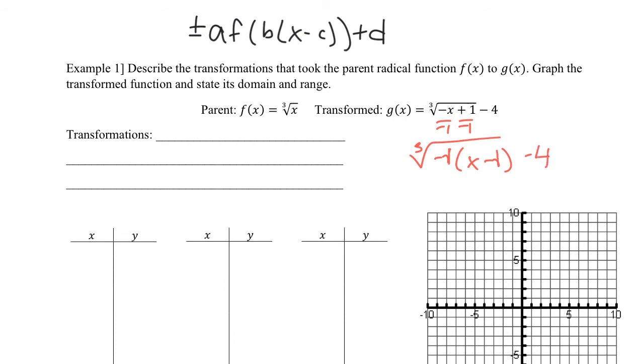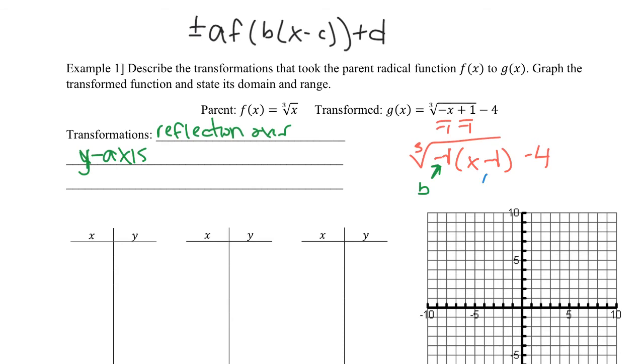This is the function that we're going to be transforming. Make sure it's factored out. Don't just leave the b in there. So for our transformations, I do have a b of negative 1. So since it's a negative 1, that means it's going to be reflected over the y-axis this time. There is no horizontal stretch or compress because the absolute value is a 1, not greater or less than 1.